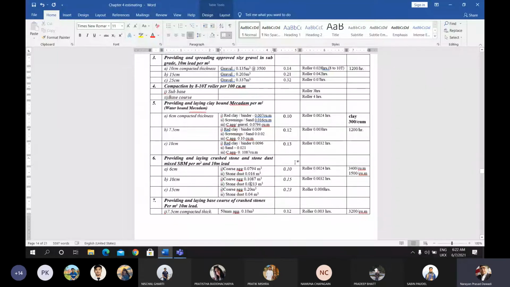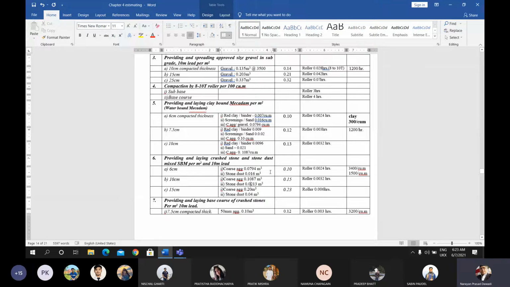And the labor, unskilled manpower, is for the 6 centimeter thickness 0.10, for 10 centimeter thickness 0.15, and for 15 centimeter thickness 0.23 number is used. The roller used for the compaction of 6 centimeter, 10 centimeter, and 15 centimeters are 0.024, 0.032, and 0.006 hours respectively.